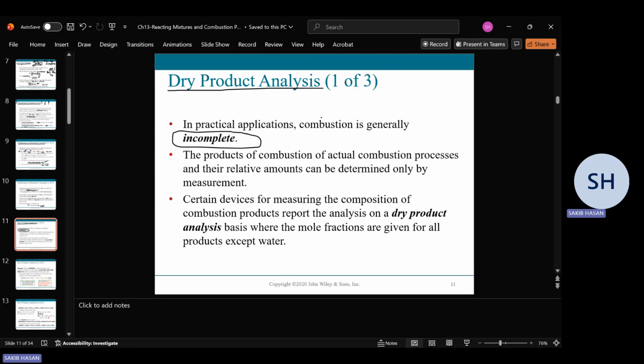You can't know the exact amount without some sort of measurement. The devices that we use to measure the amounts of products usually leave out water. So in such a scenario, we call this a dry product analysis because we're excluding the water from our measurement and we're just measuring the dry products.